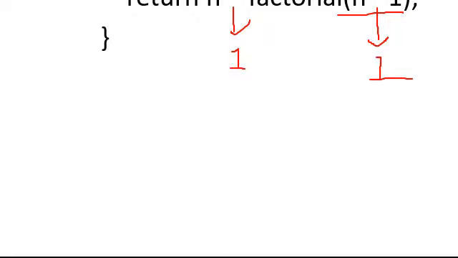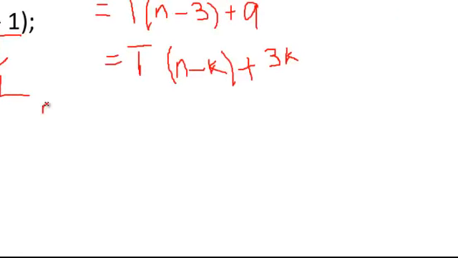So in that case, n minus k will be equal to 0, or k will be equal to n.